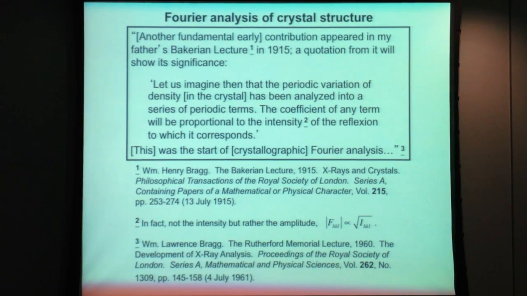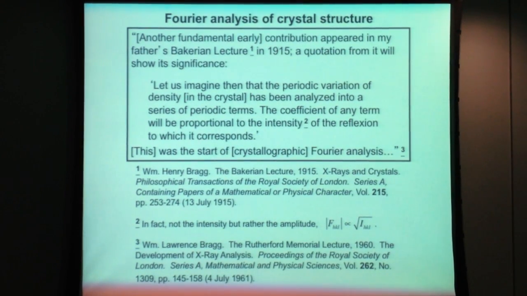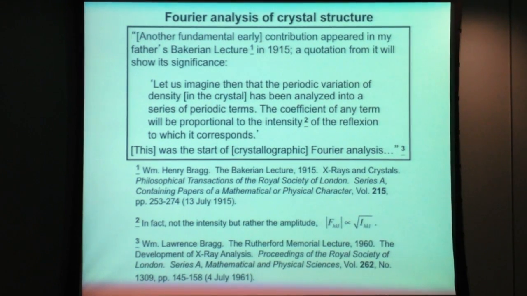So we're talking very soon after the Bragg law was discovered, very soon after the diffraction of X-rays by crystals was discovered by Laue, Friedrich, and Knipping. Bragg the Elder foresaw that Fourier analysis, which had been around since, let's see, Fourier's paper was 1807, so a little more than 100 years, had come to have many applications.